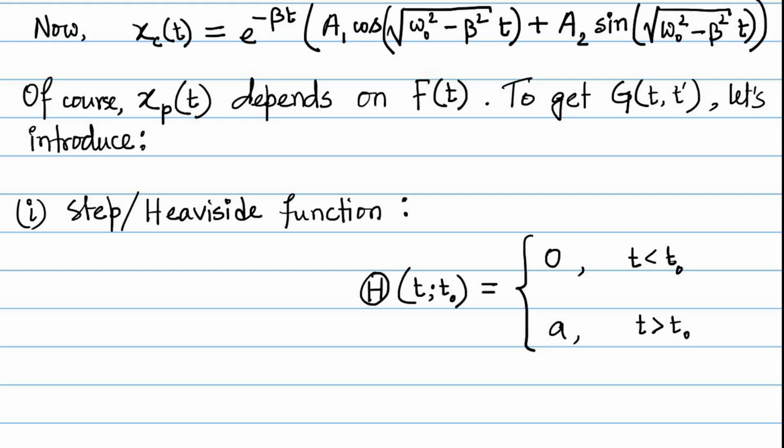In our definition, we'll choose this to be the unit step function, so the value of a will be 1. We'll reserve this notation of a for something else, and so it will be called a unit step function, but nonetheless we'll just call it a step function.